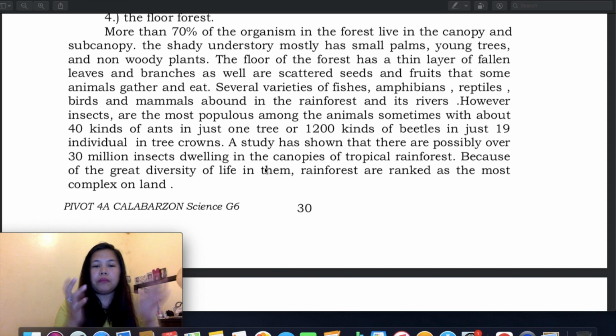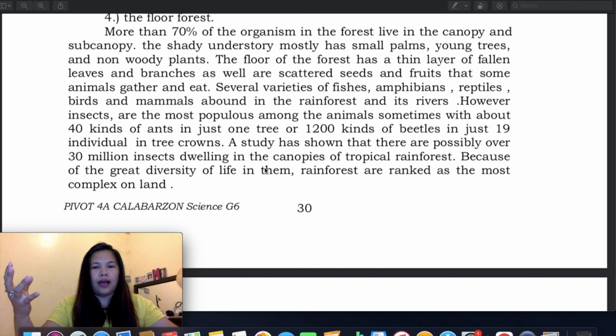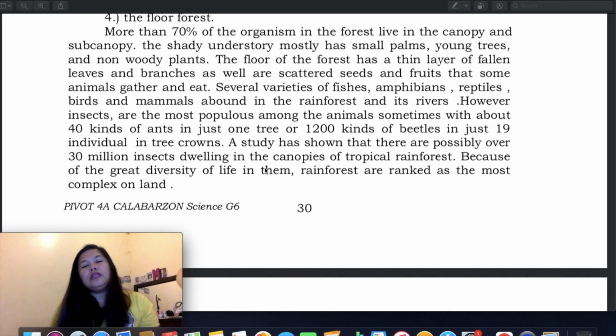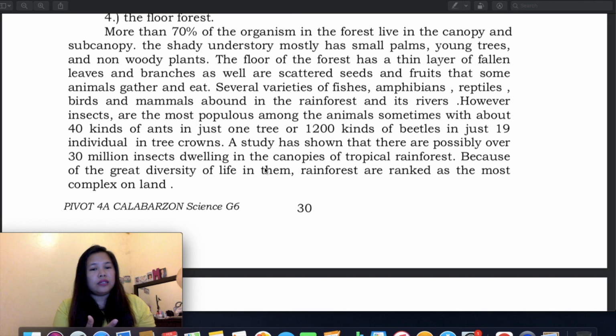Paparamihin muna, and then without those insects and animals na yan, wala pong ecological balance na magaganap. Kung mauubos sila, mauubos din ang tao. So yun na po, there's balance in any situation na ganon.